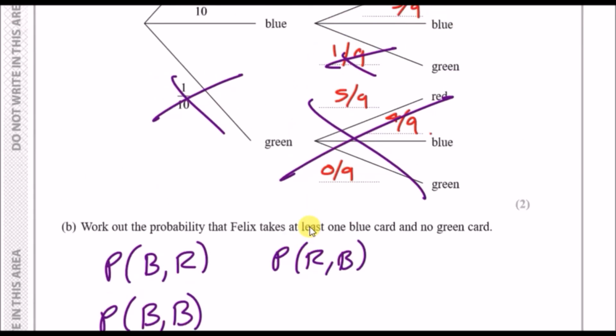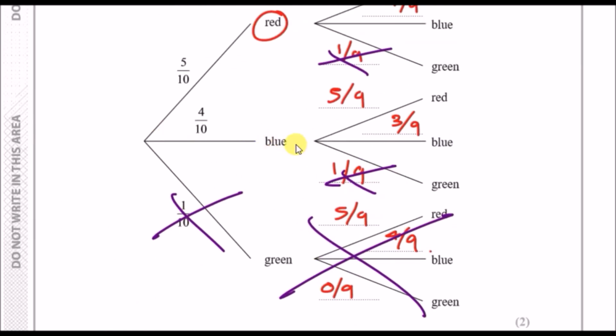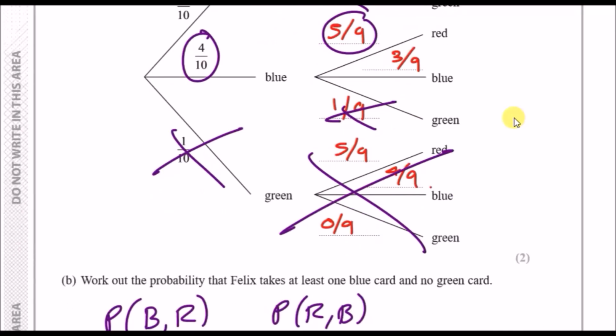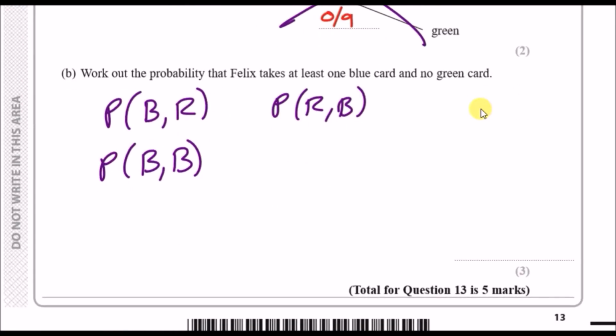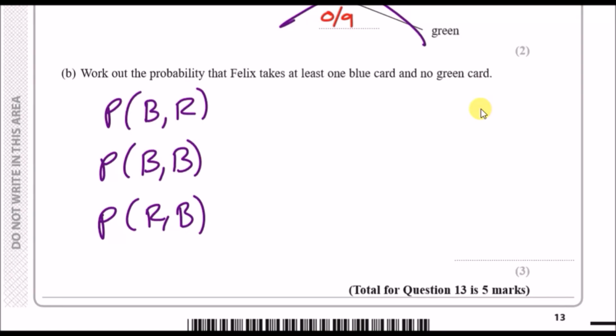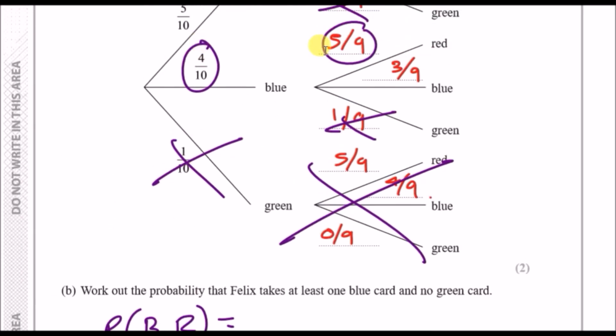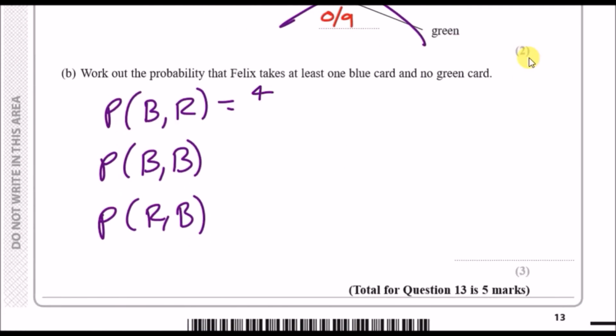So to get blue and red, this means you need to go through blue first and then get to red. So it'll be 4/10 times 5/9. So that's one route. So let me put this down a bit, make it look neater. So this was blue, red. So we said the first probability would be 4/10 and 5/9. Okay.